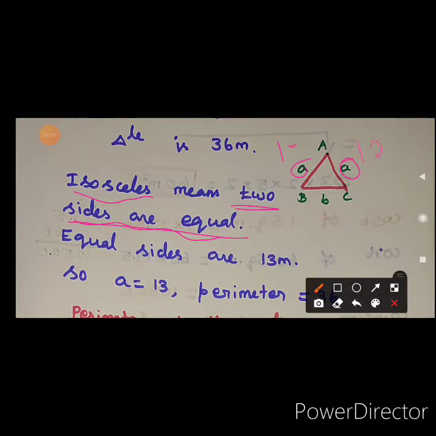These two sides are equal, and the other side is anything, that is no problem. Two sides are equal means isosceles triangle. Here by the sum, equal sides are 13 meter. So here A is equal to 13.